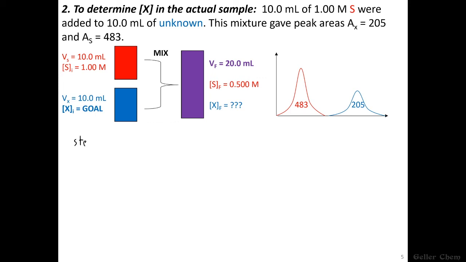Step 2, and it starts just like step 1. It's with that internal standard formula. Not going to bother writing the symbols yet again because you already have that in your notes. I'm just going to start plugging in numbers. In this case, the chromatogram shows an area of 205 for our analyte. So 205 over the concentration of the analyte in the mixture is equal to F. Well, we know what F is.